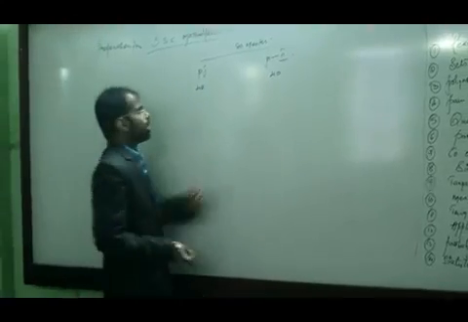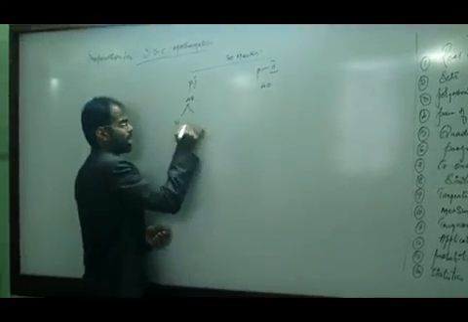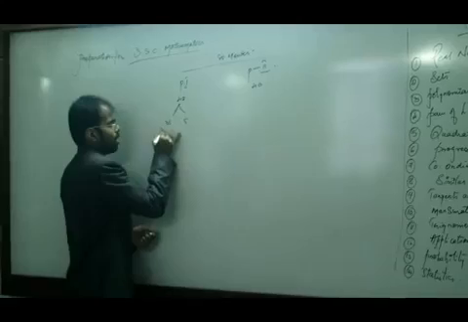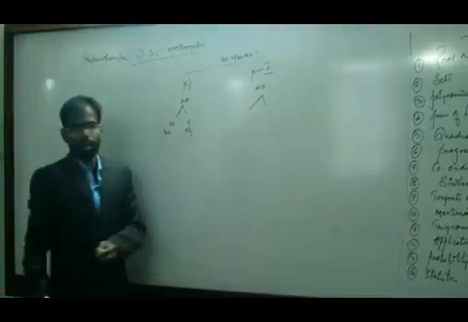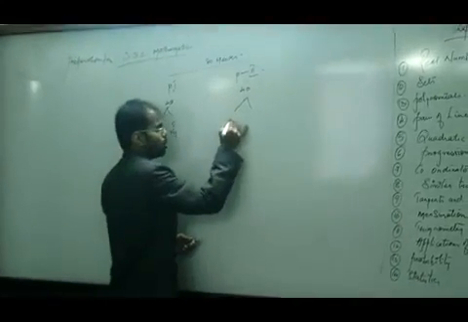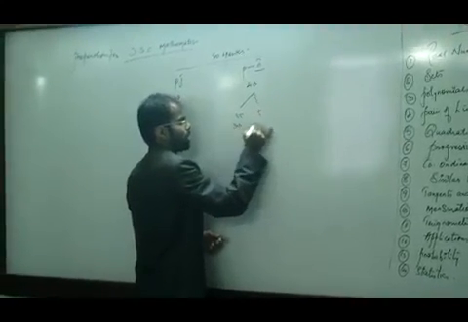Each 40 marks is divided into 35 marks for subjective and 5 marks for objective. In the same way, paper 2 is also divided into 35 marks for subjective and 5 marks for objective.